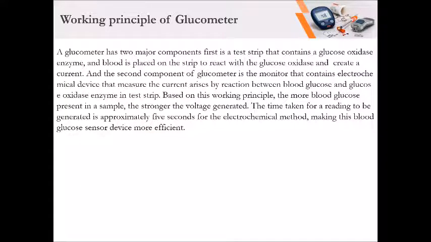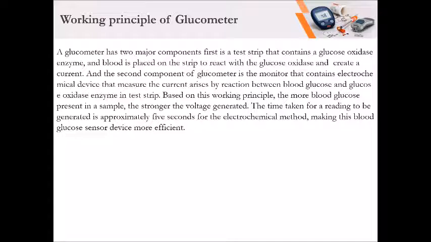To know the details about the glucometer, I would like to introduce the basic principle of glucometer. So glucometer has two major components. First is the test strip that contains glucose oxidase enzyme, and the blood is placed on the strip to react with the glucose and create a current. And the second component of glucometer is the monitor that contains an electrochemical device that measures the current arising from the reaction between the blood glucose and glucose oxidase enzyme in the test strip.